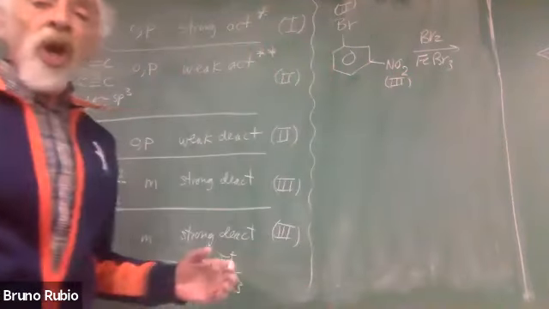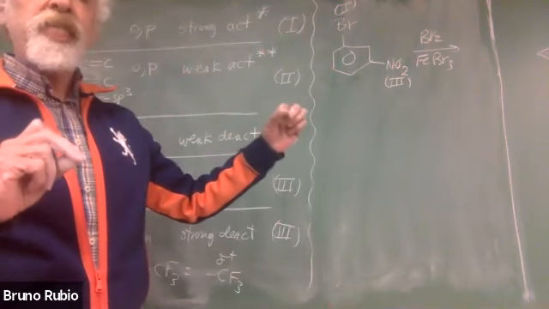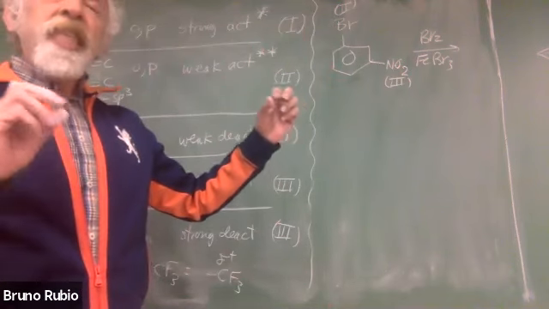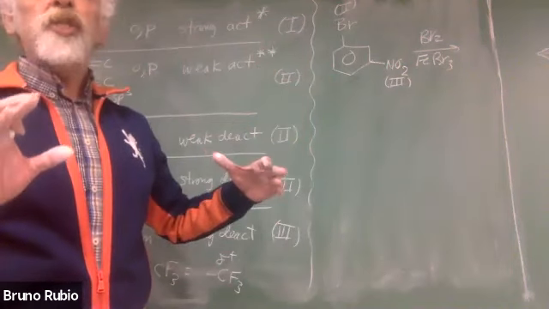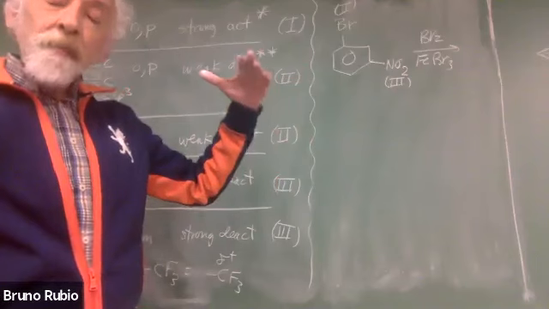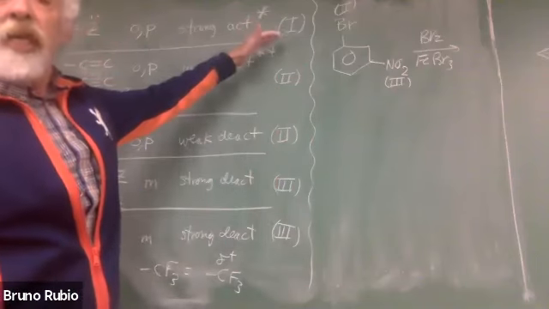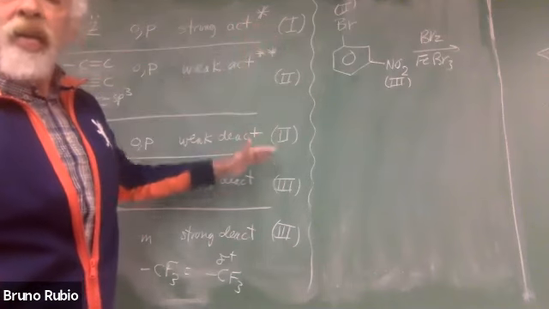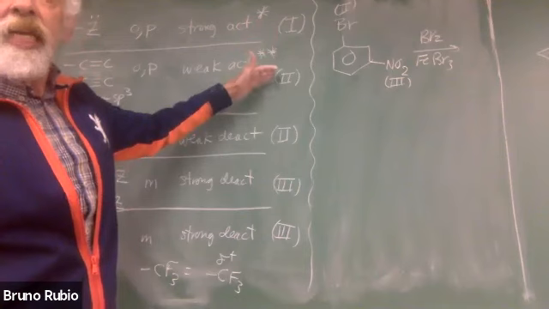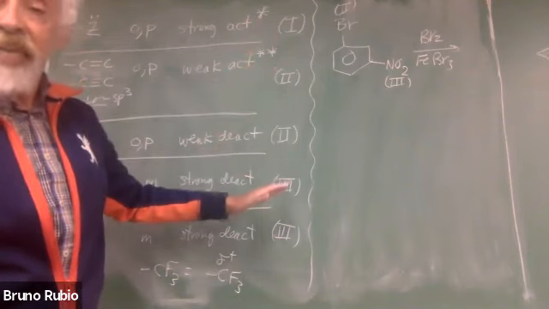So in the war between pre-existing substituents, the winner is the group that belongs to the more reactive class. In other words, Class 1 beats Class 2, Class 1 beats Class 3, Class 2 beats Class 3, and Class 3 doesn't beat anything.